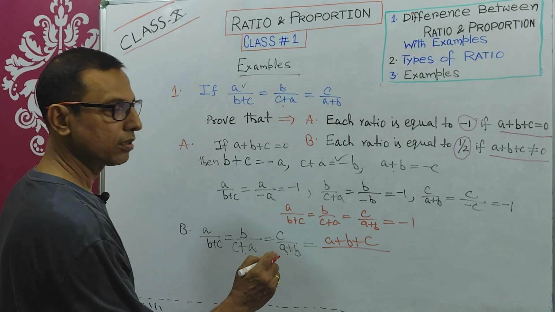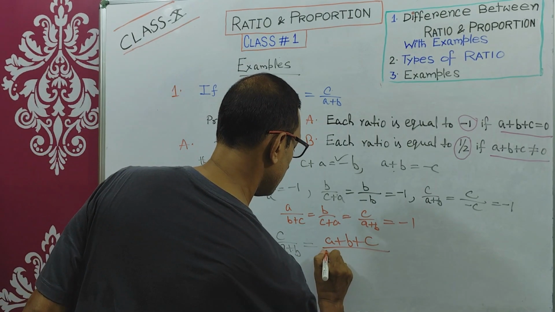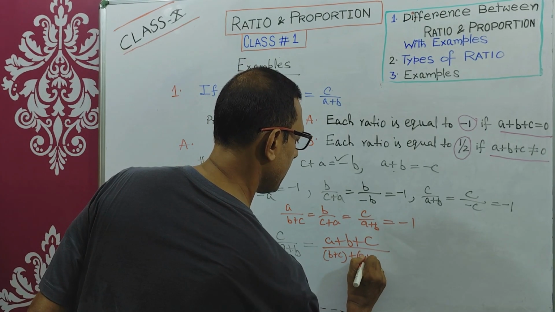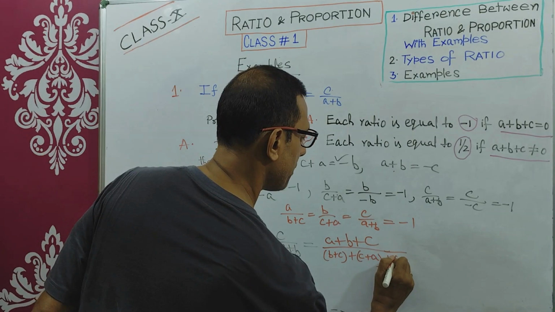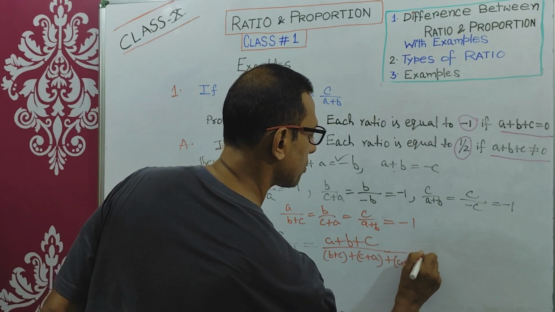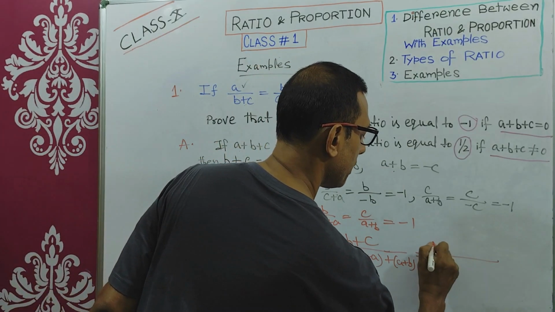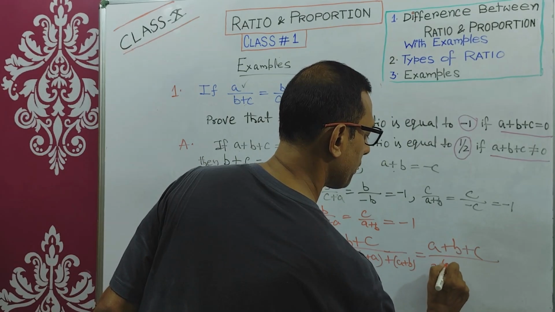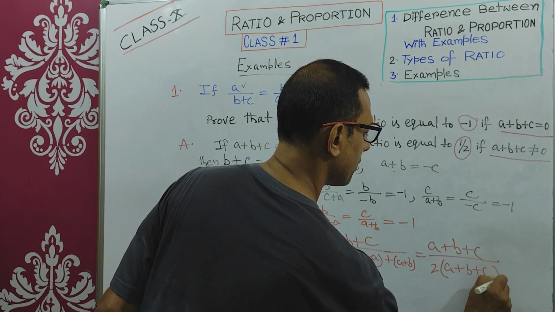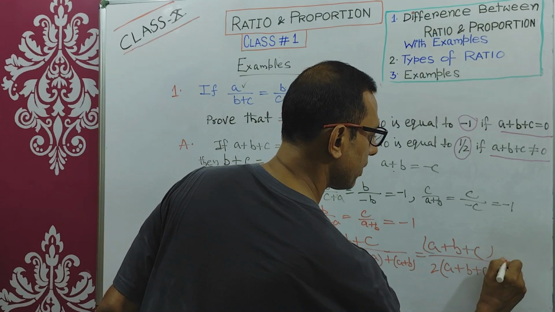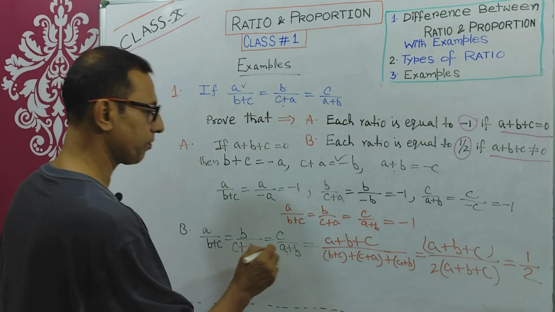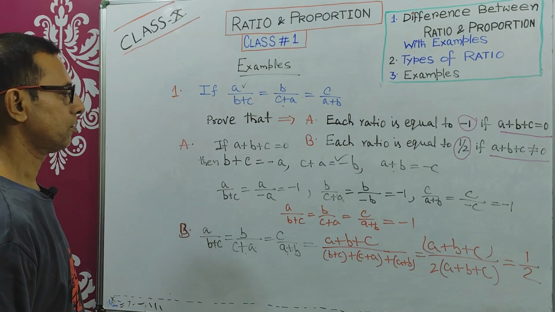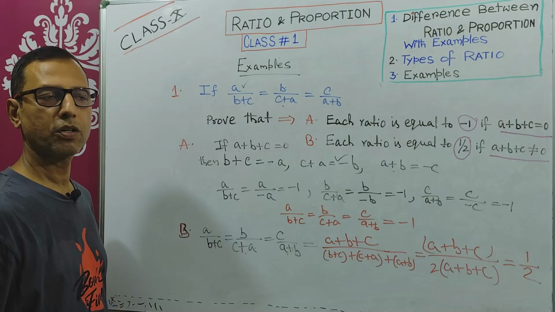So that means it is a plus b plus c by 2 of a plus b plus c. So you will just cancel, that is equal to half. So each of the ratios will be equal to half. This is number b. So a and b are resolved.